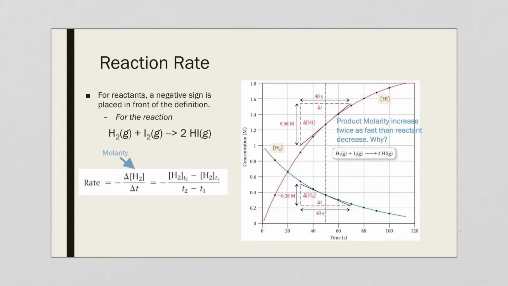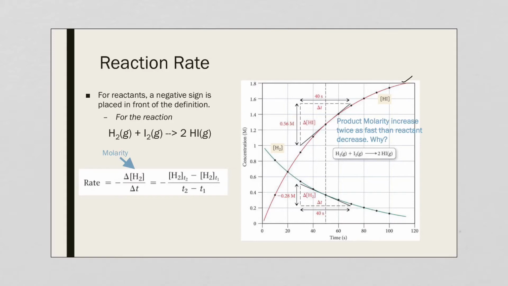So if we look at our graph here, we have two plots. We have first the plot of the production of HI over time, shown in red here. And we have a graph of the decrease in the amount of H2, one of our reactants, over time.